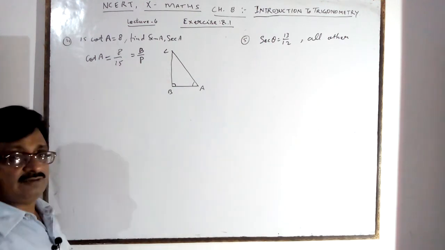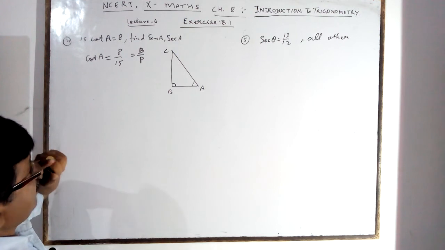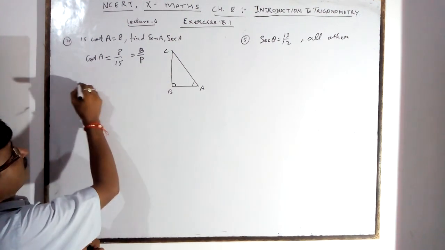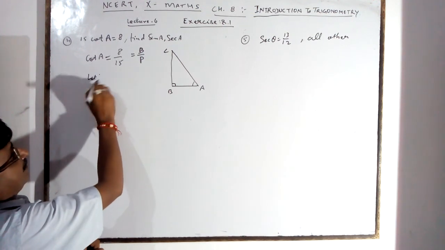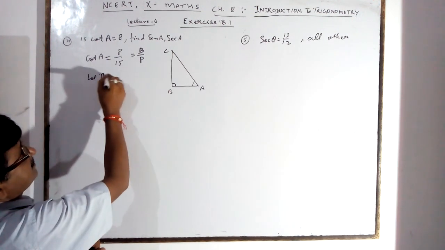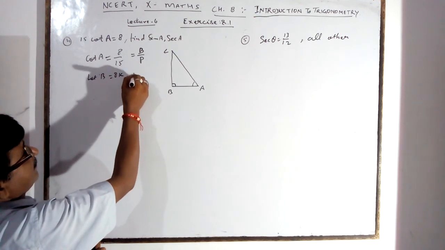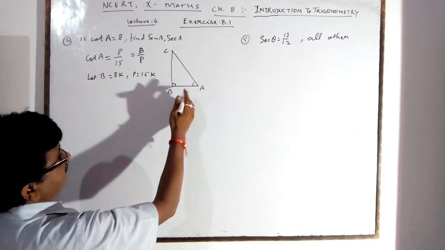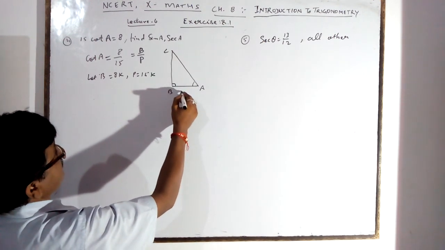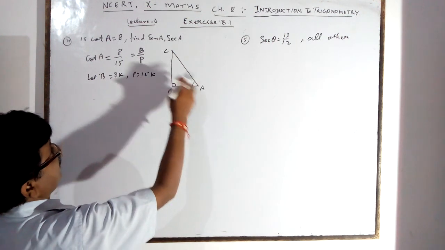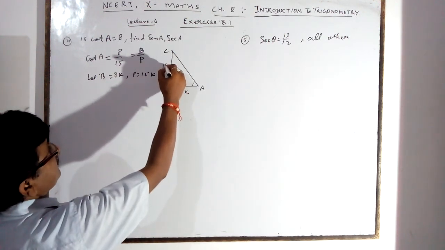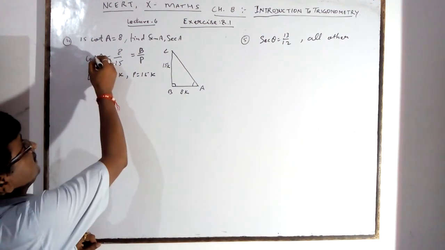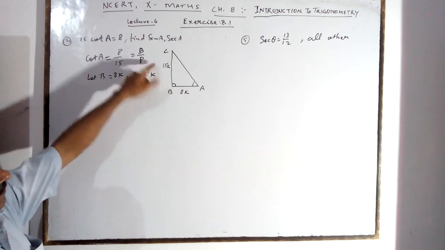B is the right angle. Let the base be 8k and the perpendicular be 15k. The base for A is AB, so AB is 8k and the perpendicular is 15k, according to cot A, which is base upon perpendicular.